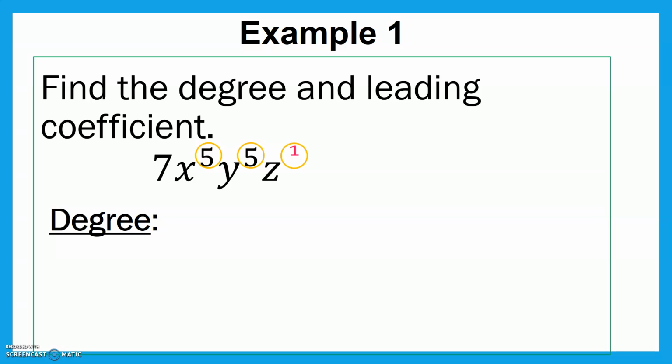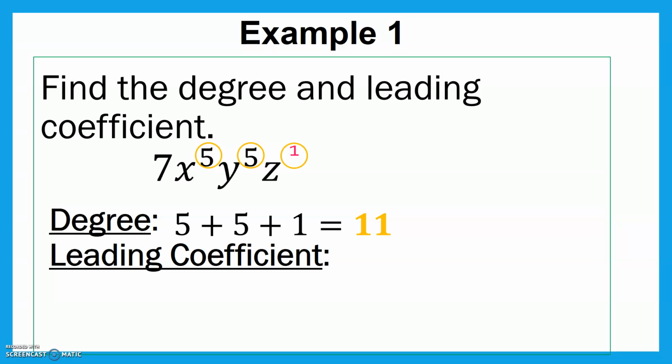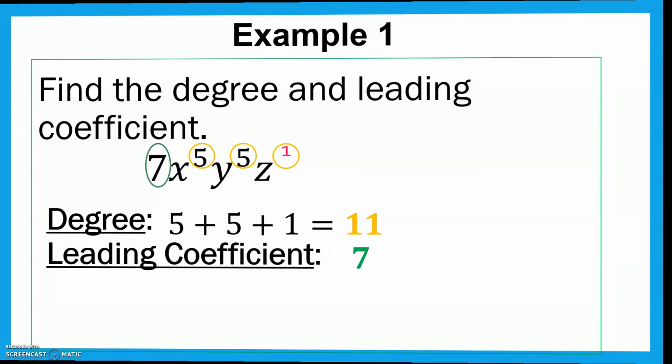It's just that invisible 1. So the degree is 5 plus 5 plus 1, which is 11. We add up those three exponents and get the degree of that monomial as 11. The leading coefficient is the number that's in front, so the leading coefficient is 7, and we put down 7 right there.